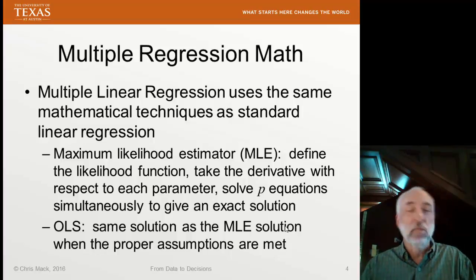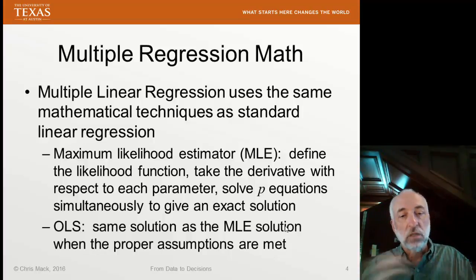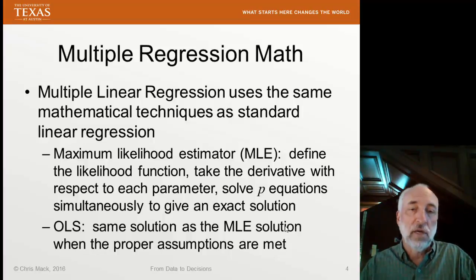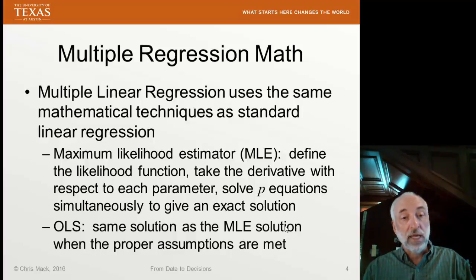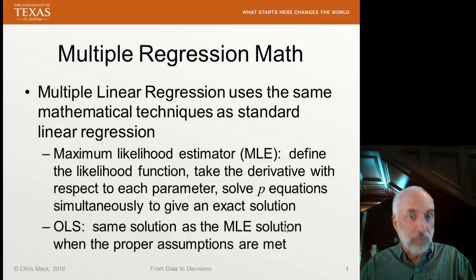We get an exact solution. How do we do that? We do that with the matrix method that we've already talked about. Every new variable just adds a new column to the design matrix, and that gives us another set of equations that need to be solved. But the way in which we solve it is the same, and the mathematics looks the same.